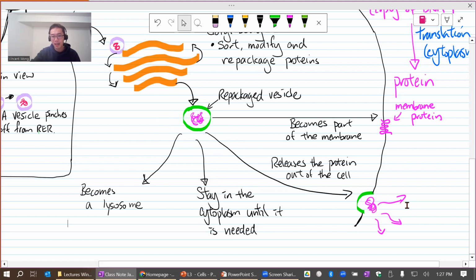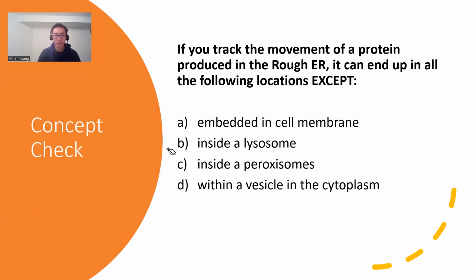It could be released out of the cell. It can be in the cytoplasm, or it can become the lysosome, right? So what's the exception here? Well, it is not going to be inside a peroxisome. Remember, the peroxisome is not part of the endomembrane system. So that's why it has nothing to do with the stuff that is produced in the rough ER.